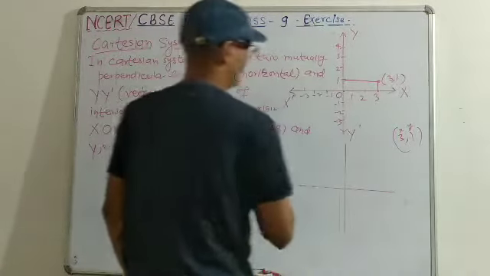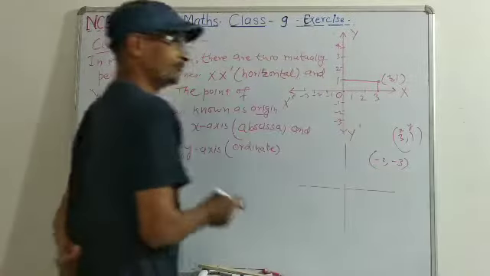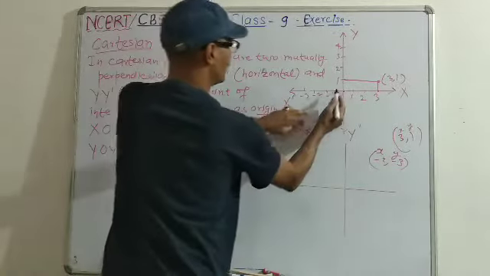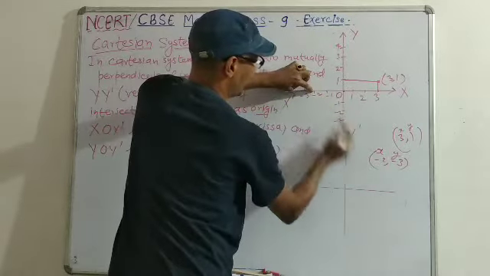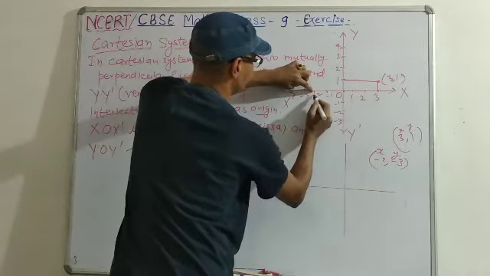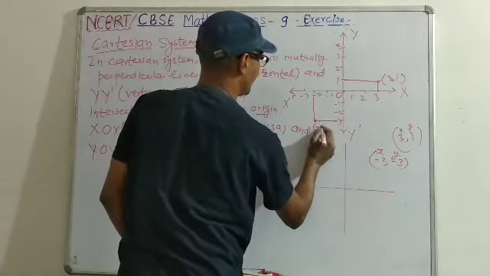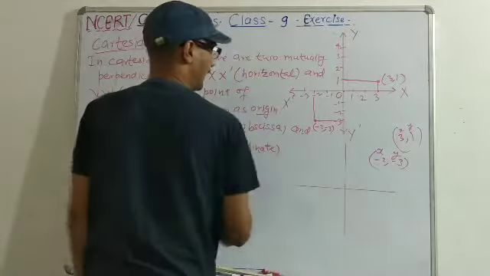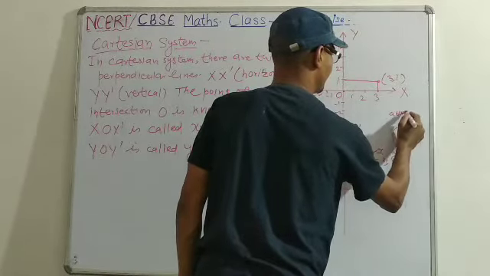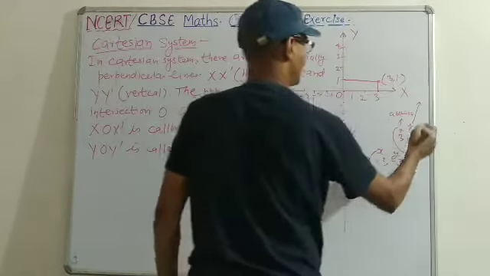If we want to plot (-2, -3), always first x, then y. On the x axis it is -2 and on the y axis -3. That means this point is (-2, -3), and this x is known as abscissa and this y as ordinate.